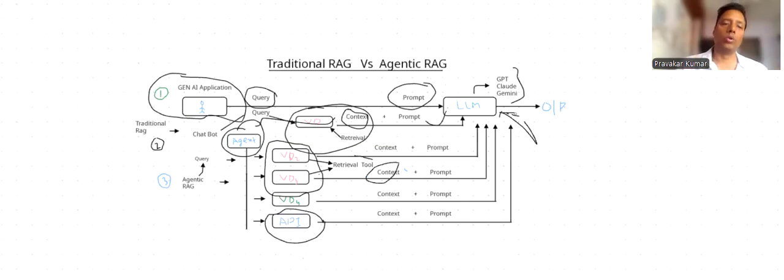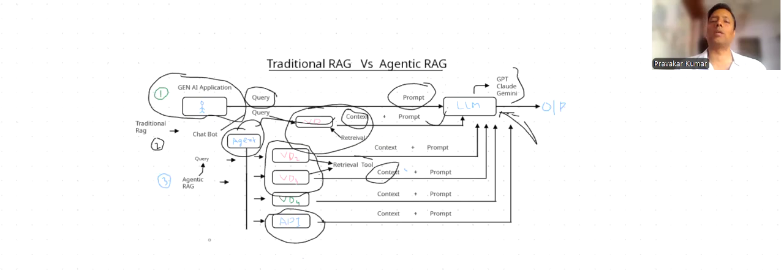So here you will see the main difference. This is the overview, basically the difference between traditional RAG and agentic RAG. If we have a simple query where we get the answers from the company database and send the generated response to the user, for this type of query we can use traditional RAG.